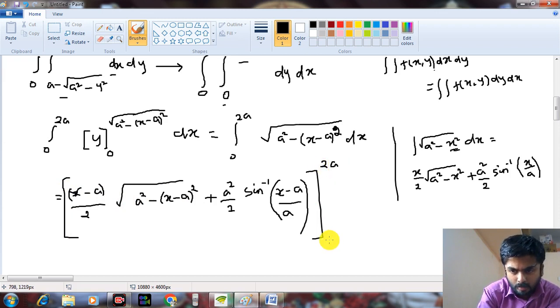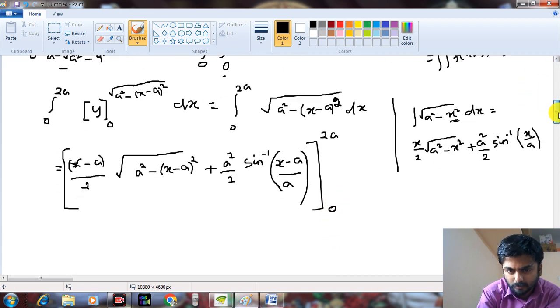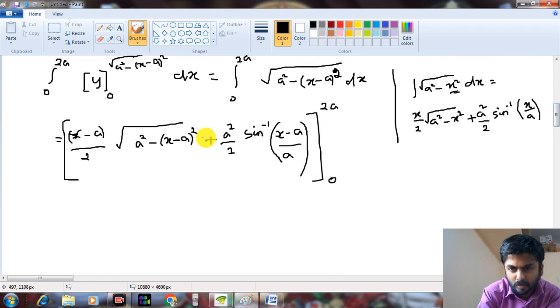If I substitute 2a, what will become 0? We just verify where it will become 0. If I put 2a here, it will become 2a minus a, that is a.